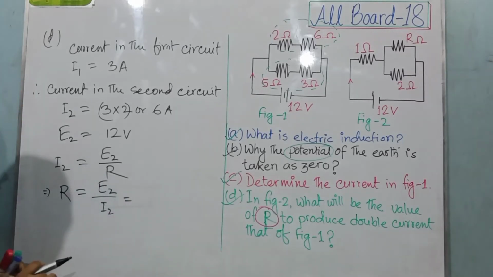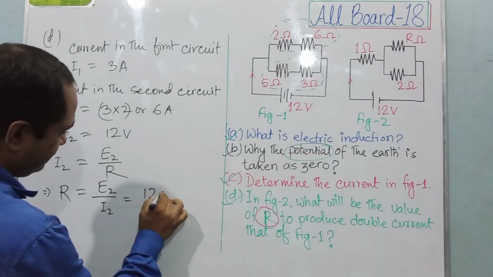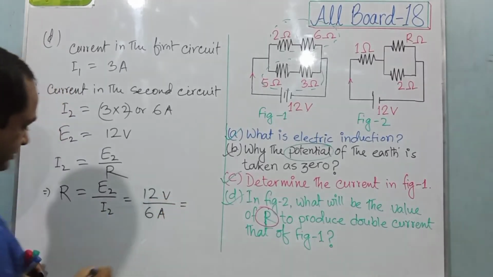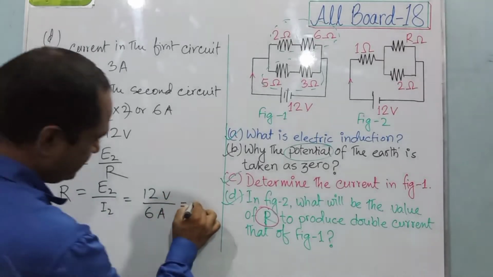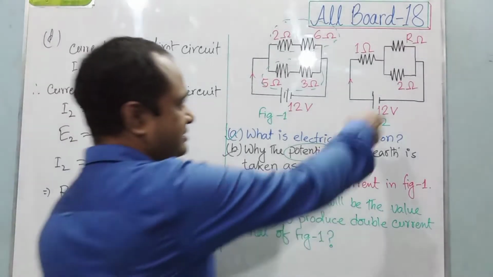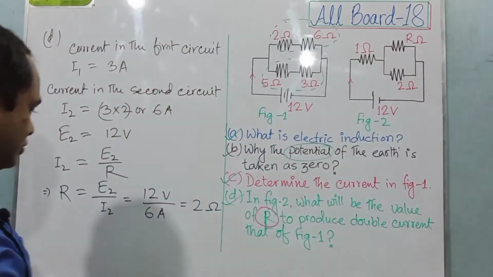Here the value of E2 is 12 volt and I2 is 6 ampere. So the required resistance will be 2 ohm. That is, the total resistance of the circuit will be 2 ohm, right?